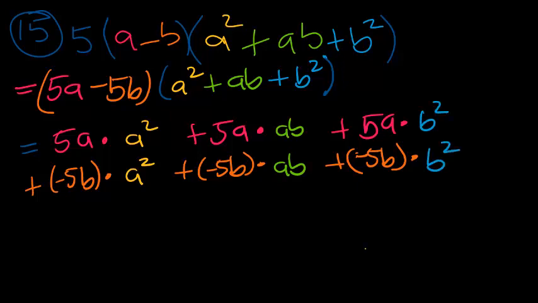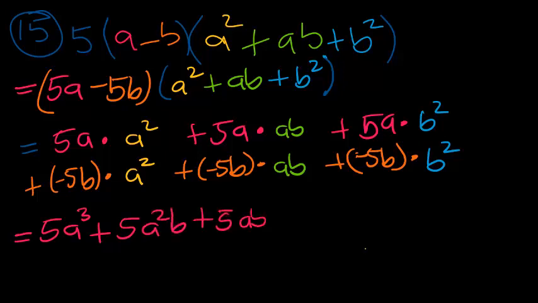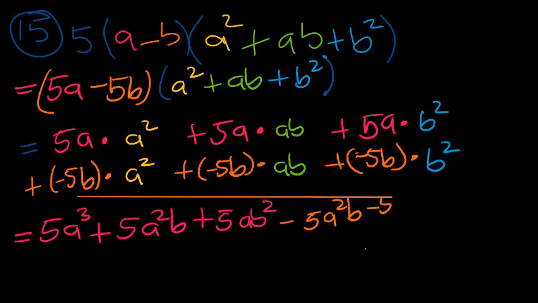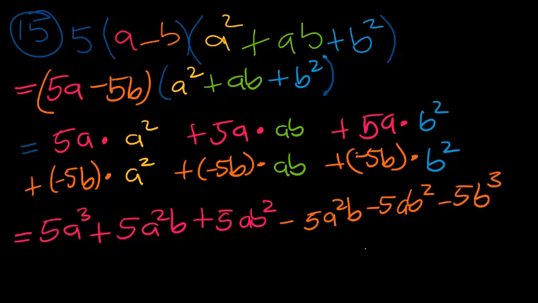Let's multiply out. This becomes 5a cubed plus 5a squared b plus 5ab squared minus 5a squared b minus 5ab squared minus 5b cubed.